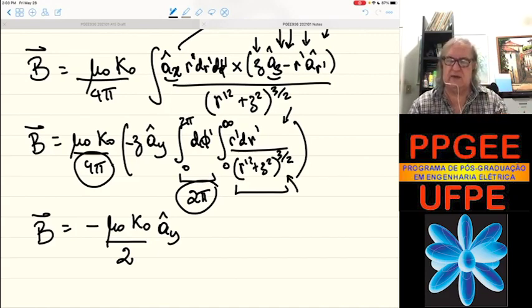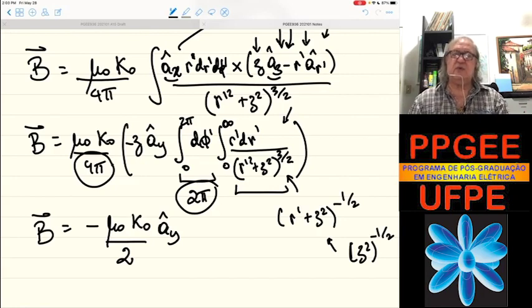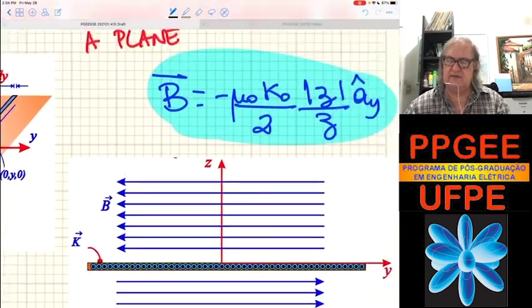When you calculate this integral, it gives a function equal to r squared plus z squared to the minus 1/2, from r equals 0 to infinity. So at the end, we have something like z squared to the minus 1/2, so we have to use the magnitude, in fact. This result is for z larger than 0. The correct result I'll leave to you to show. It's going to be something like this.